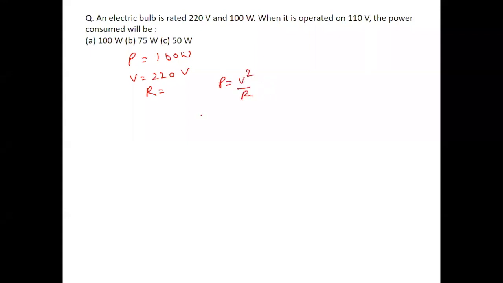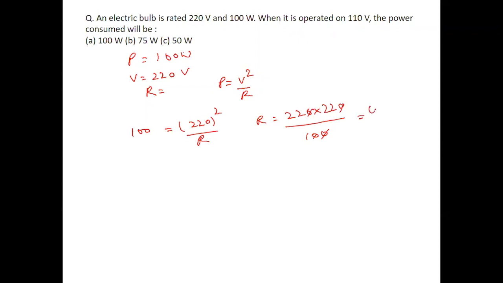That we know. So 100 equals 220 square by R. So R is 220 into 220 by 100. Zeros cancel, and it is 484 ohm.